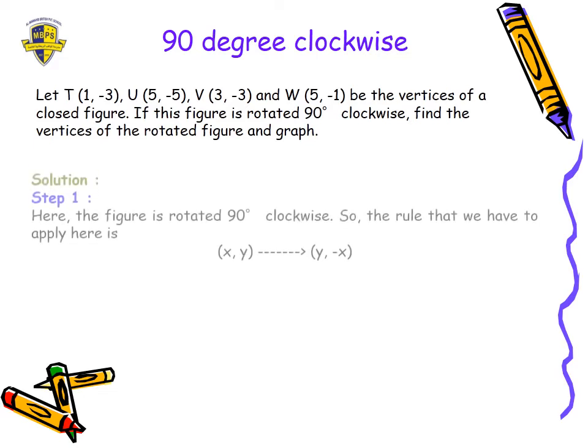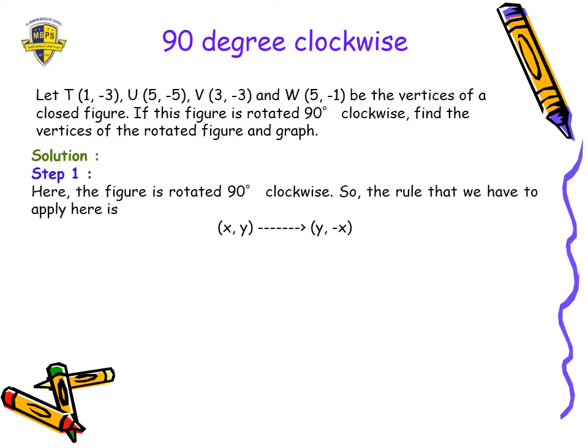Now, the first step, we have to remember the rule. 90 degrees clockwise, so any point x, y will be y and minus x. So first change the places of x and y, then we change the sign of x.